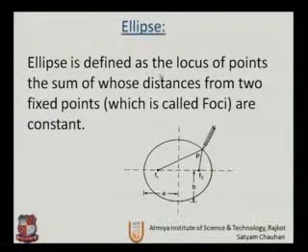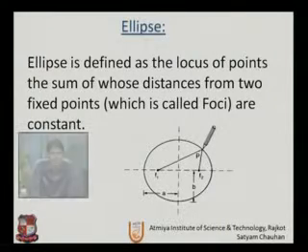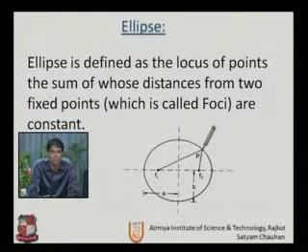First on our list we have the ellipse. There are two definitions. Let's see the first one. An ellipse is defined as the locus, or the path, of points the sum of whose distances from two fixed points, which are called foci, is constant.